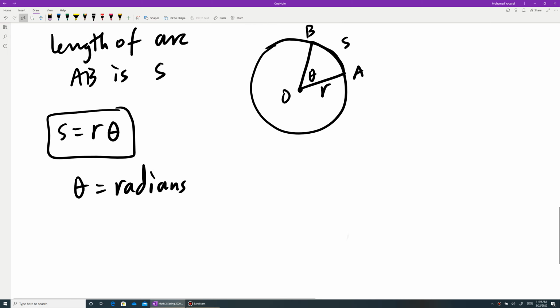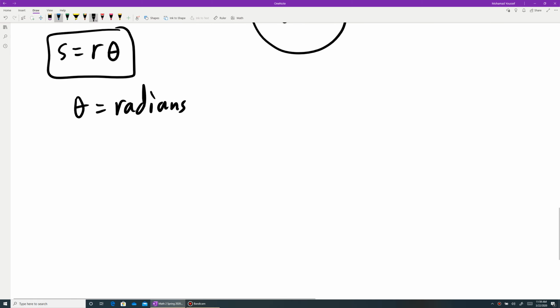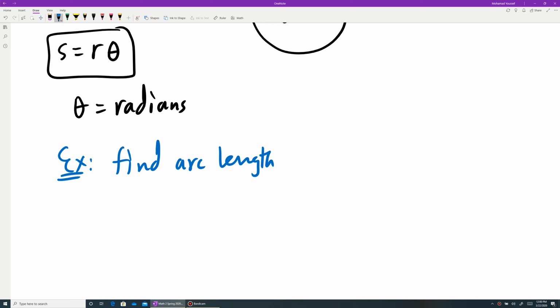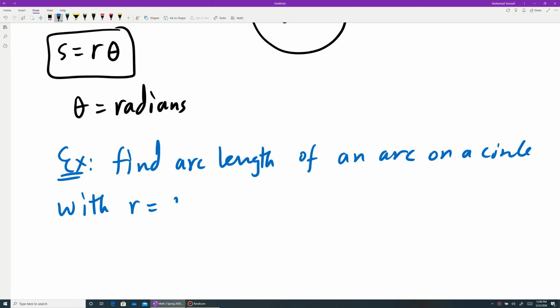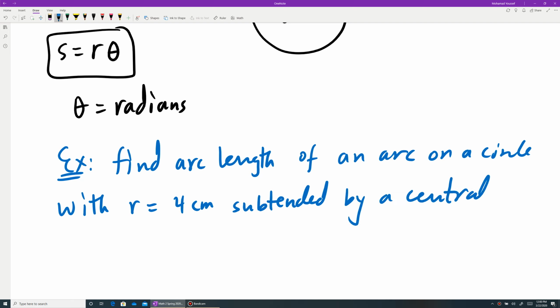How do we apply this to an example? Find the arc length of an arc on a circle with radius 4 centimeters subtended by a central angle of 0.35 radians.